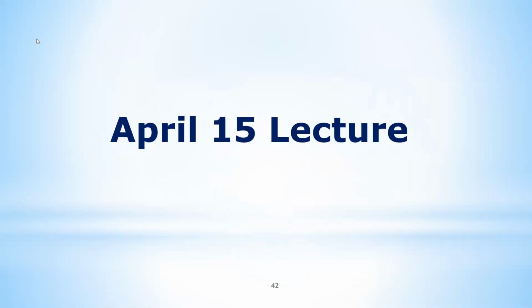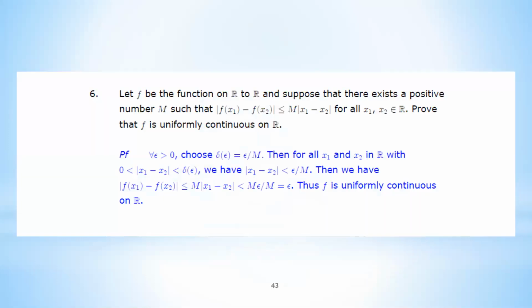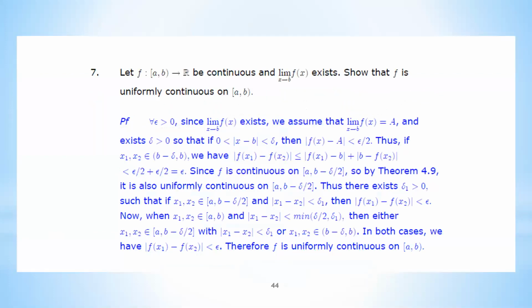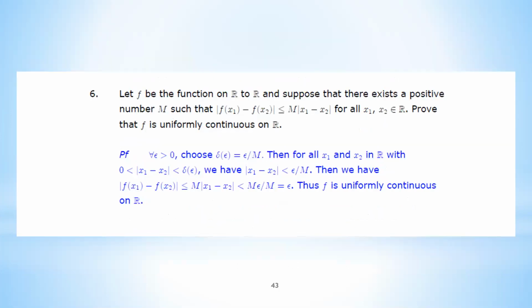Now let's continue to talk about uniform continuity. Last time I gave you two examples and two homework problems. Homework problem 7 is optional, so don't worry about it. If you want to study it by yourself, or if I have extra time, I can talk about it on another day. Problem 6 is very simple, but very important.